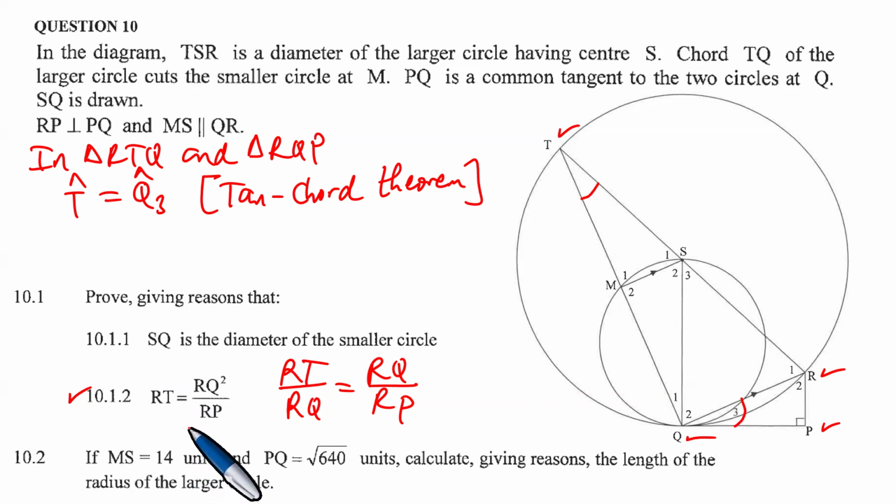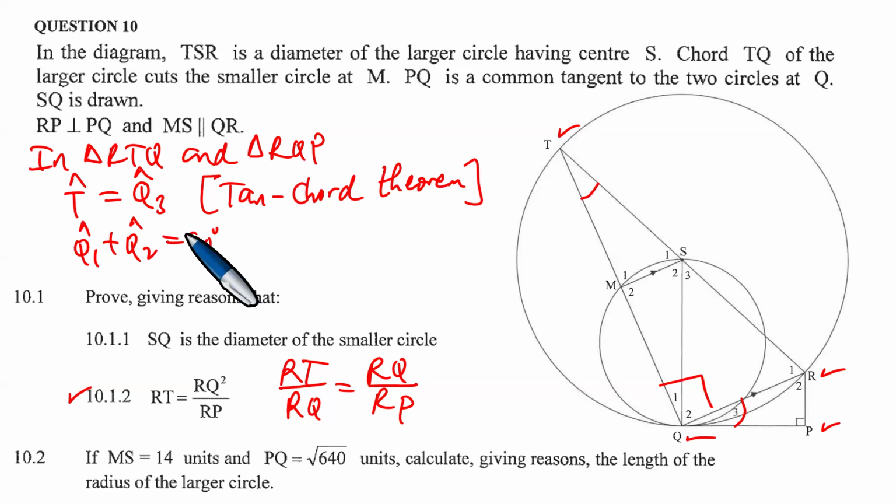We have that the angle Q1 plus Q2 here is 90 degrees. Why?